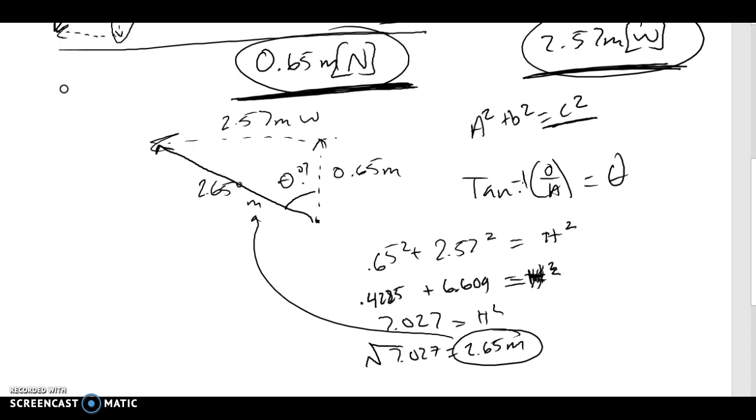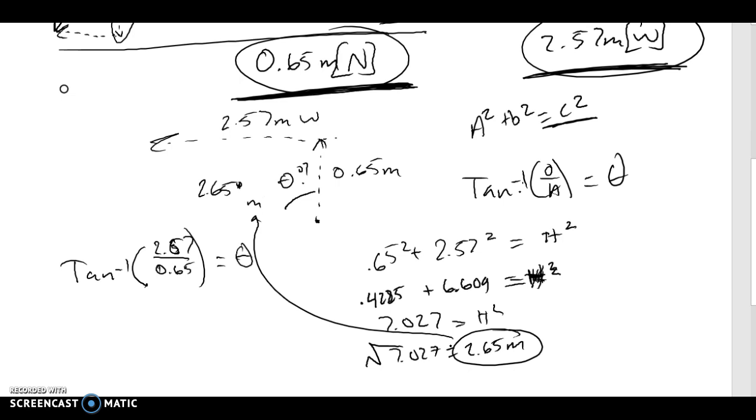Now let's find the direction. Ignore that degree, it was not meant to be there. Finding the direction, all you have to do now is tan inverse of opposite, which is 2.57, divided by 0.65. That's going to give you theta.